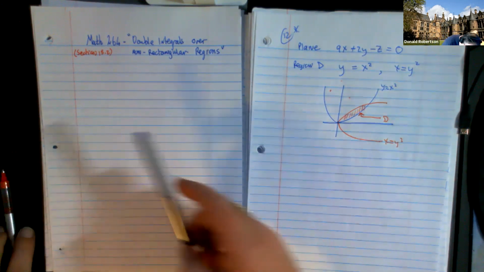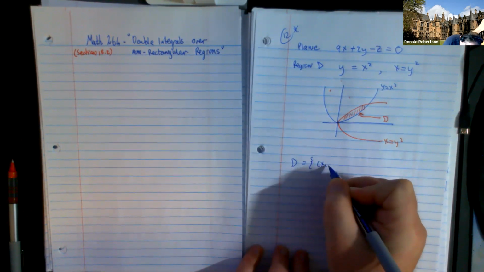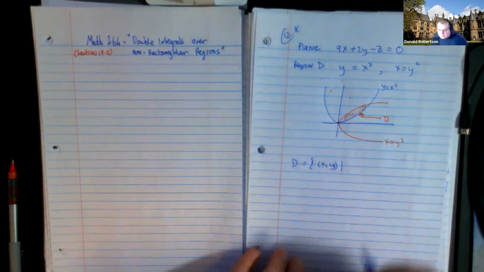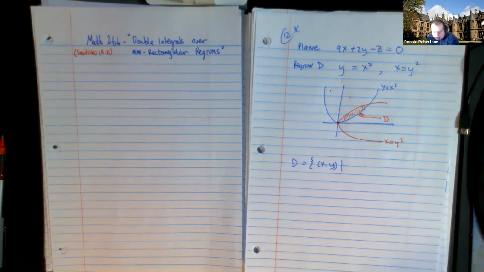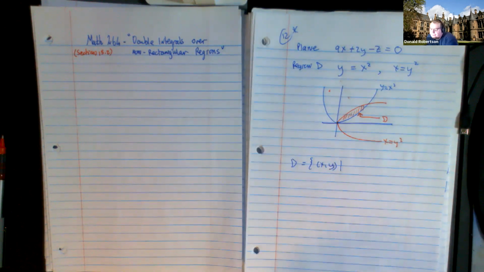Now I want to build up what D is. In this question, can I do vertical? Can I do horizontal? Both will work. Would you agree?